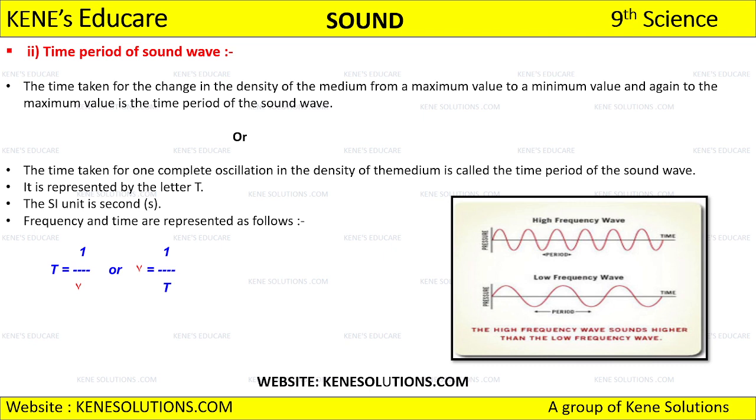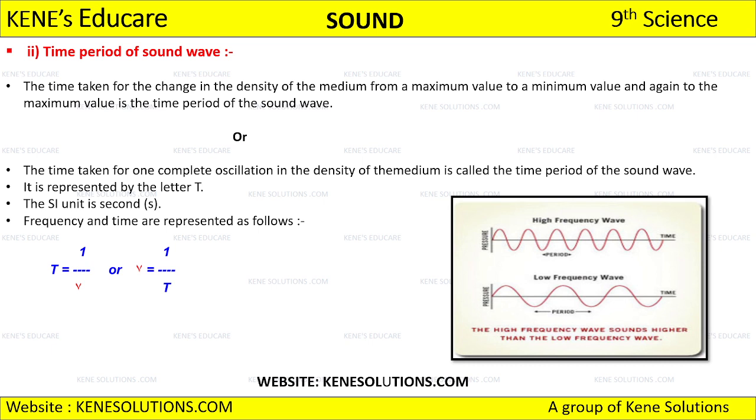Time taken for completing one complete oscillation: going to a maximum value, coming to a minimum value, and then again going to a maximum value. That is one complete oscillation.